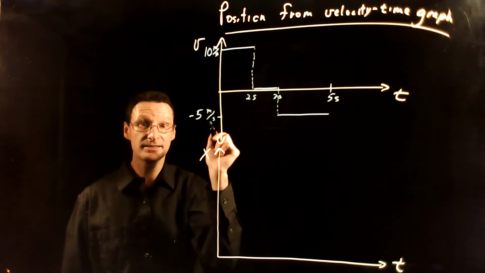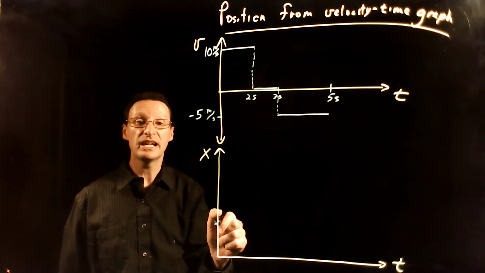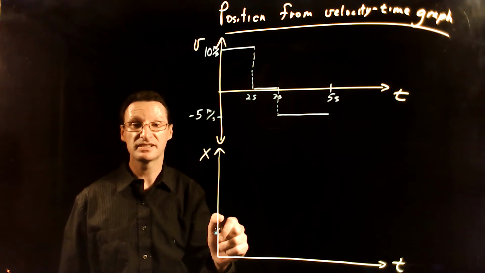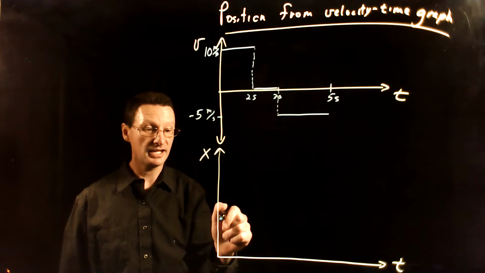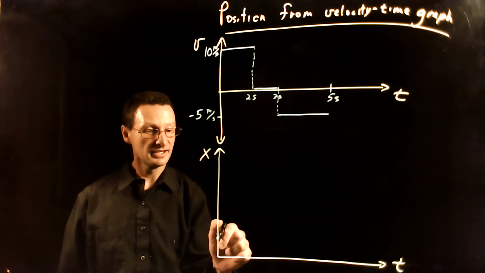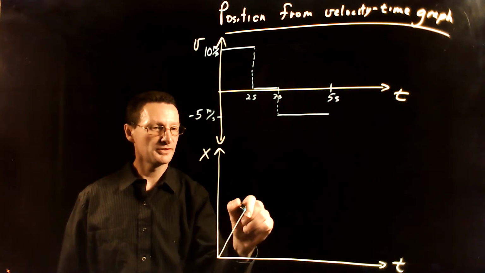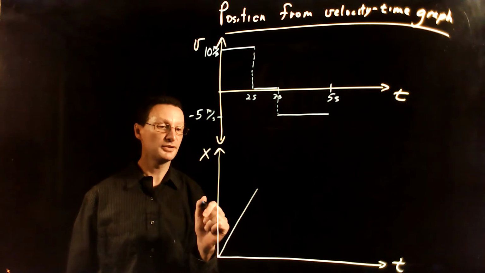It's constant. So the slope here needs to be a positive 10 meters per second slope, a constant slope. A constant positive slope looks like that. So we'll just start here at the origin, and we'll draw it up like that for 2 seconds.